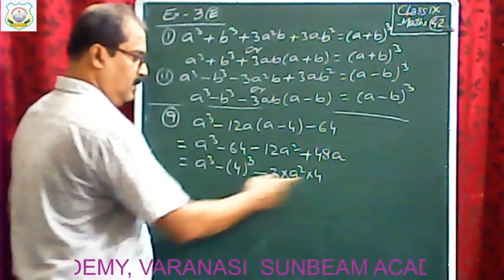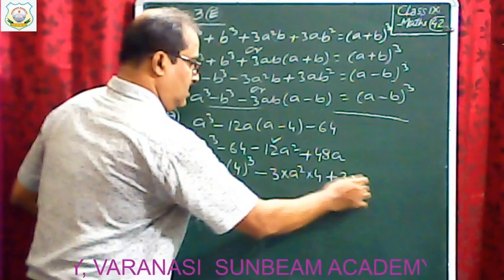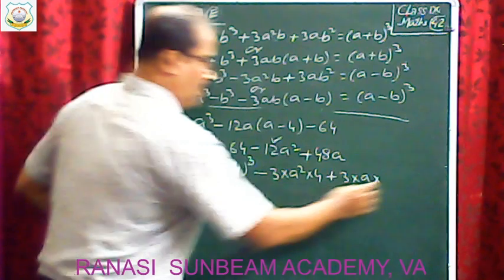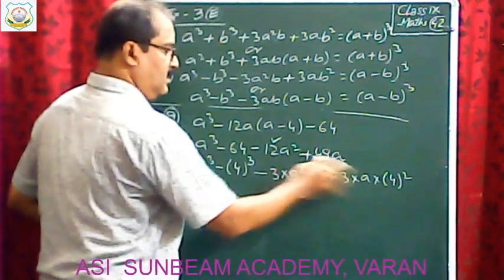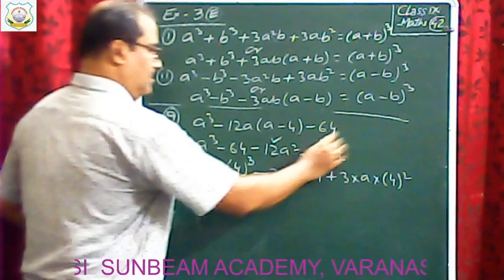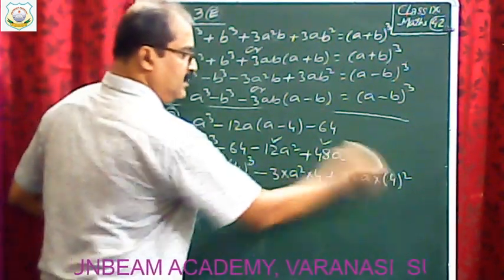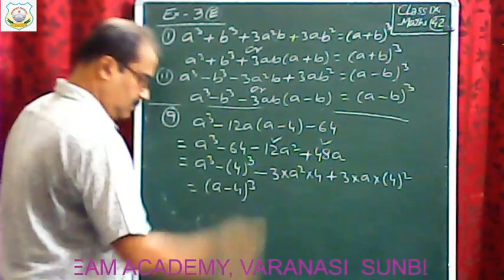Now check. 3 4 is 12 a square matched. Plus 3a, a is a, into b square, 4 square. 4 square 16, 3 is 48a matched. So that is equal to a cube minus b cube minus 3a square b plus 3ab square, that is equal to (a minus b) whole cube.